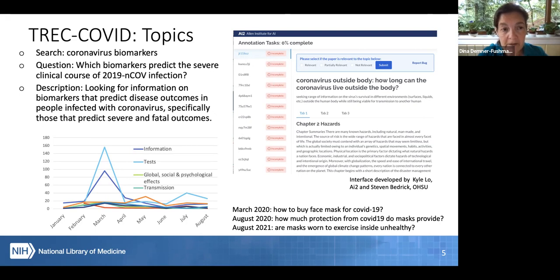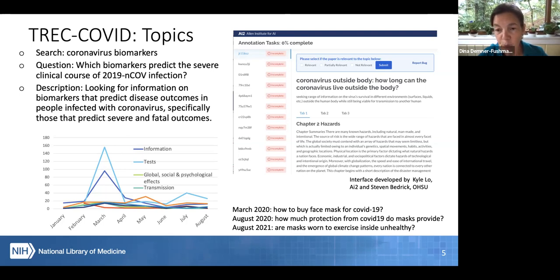And then finally, the description is something that you would give to a reference librarian who's helping you find relevant documents. And you can see that little graph that confirms that, yes, the information needs were evolving. I also have this example here: even if topically the information is the same, so the questions in the lower right are all about masks, you can see which aspects were of importance over time.